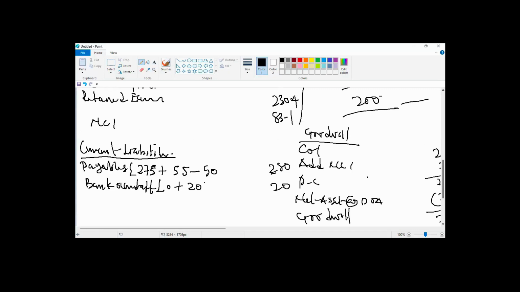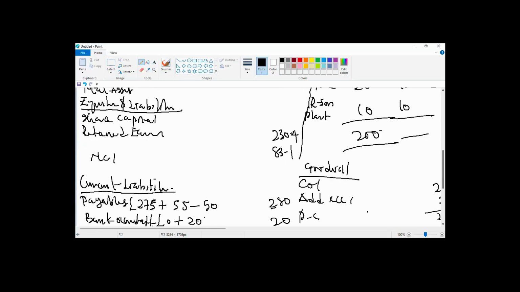Less share capital of the parents, 700. That is the end.